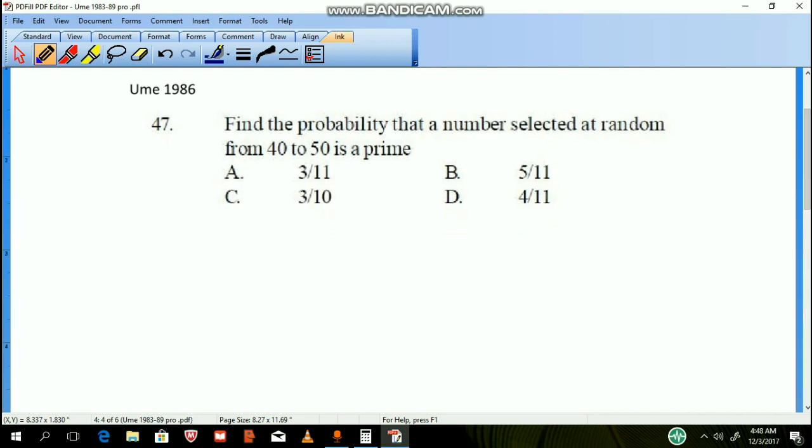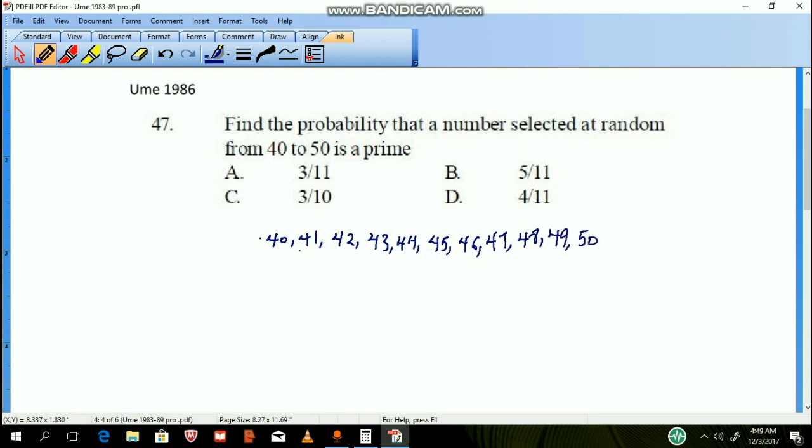Find the probability that a number selected at random from 40 to 50 is prime. So from 40 we have 40, 41, 42, 43, 44, 45, 46, 47, 48, 49, 50.